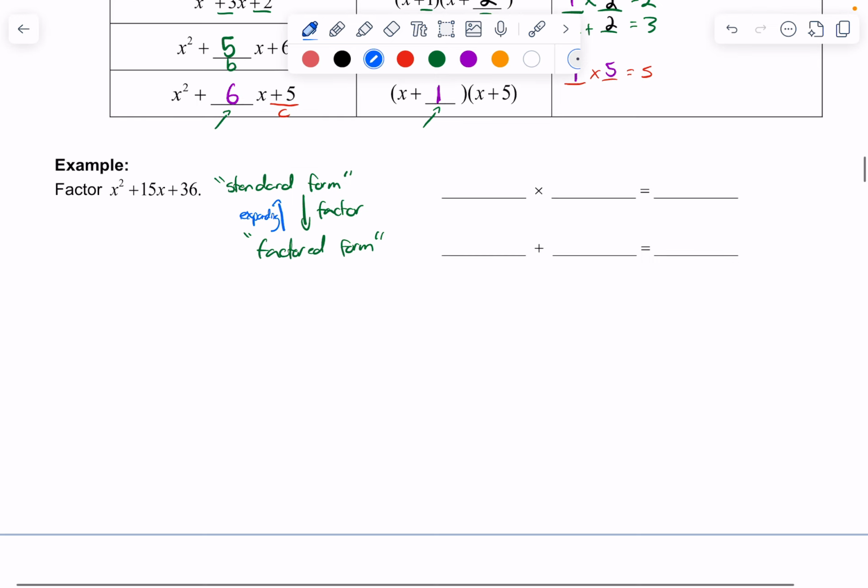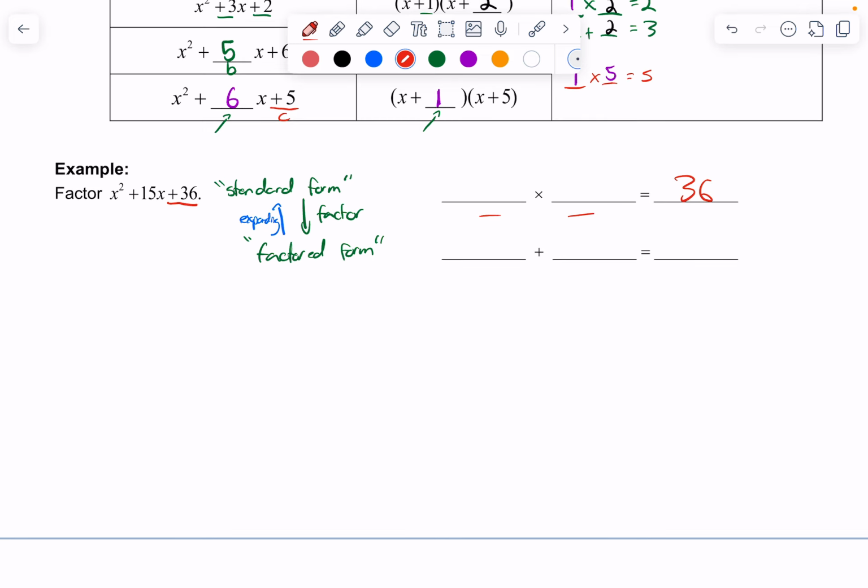Okay, so we are given this trinomial here, this simple trinomial. Well, using the pattern that we've recognized, we need two numbers that when multiplied together give us 36. Well, the same two numbers would have to then be added to give us 15 here.